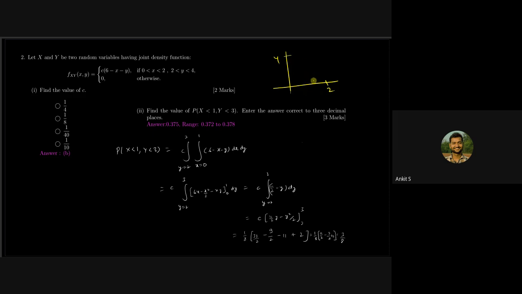Okay, so this is the support area for this joint density, but here it's not uniform. It's dependent on this function. So that's why we need to use integration here. Otherwise we would just have used a simple multiplication and calculation of joint density.